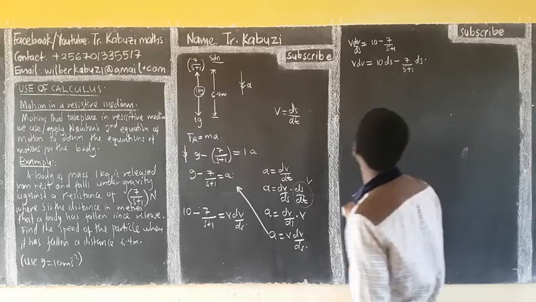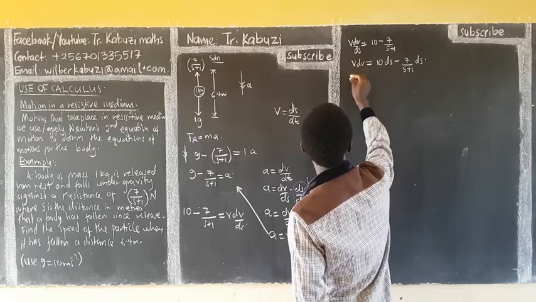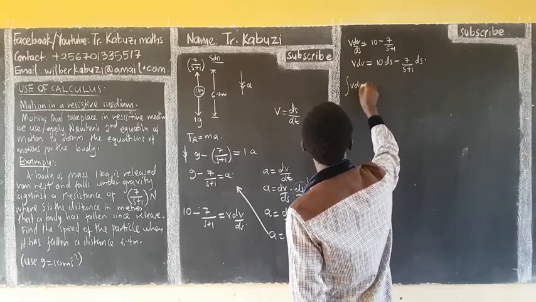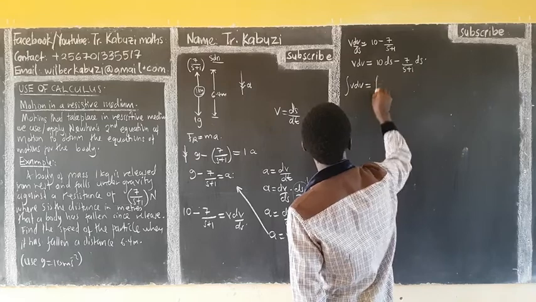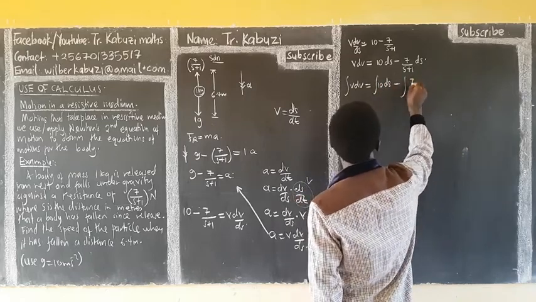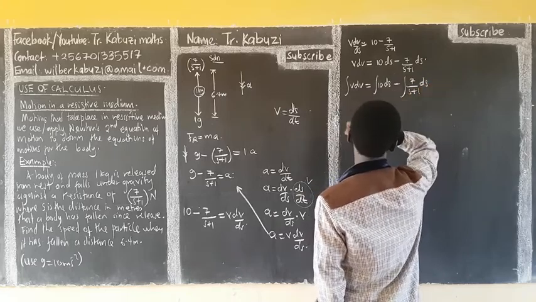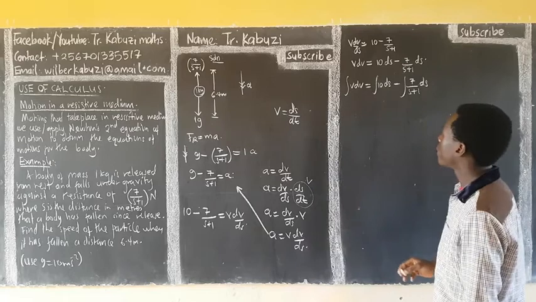After that, I integrate. We integrate v dv equal to the integral of 10 ds minus the integral of 7 over S plus 1 ds. Of course, we shall get a constant of integration.